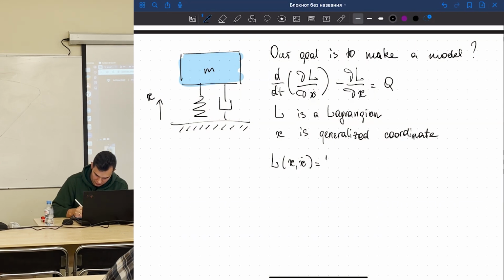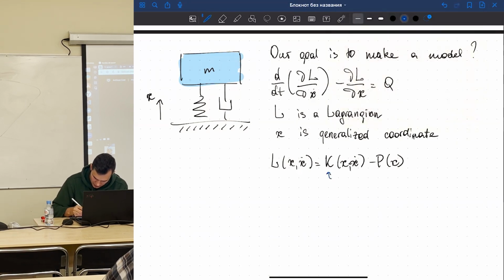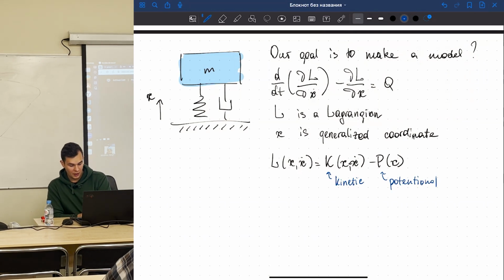So you need to take kinetic energy minus potential energy. Let me use a different color. So this will be the kinetic, and this will be the potential. By the way, if you sum them, you will get something which is called the Hamiltonian.